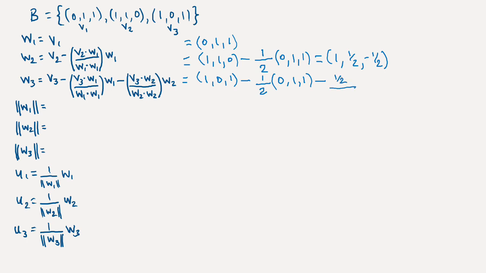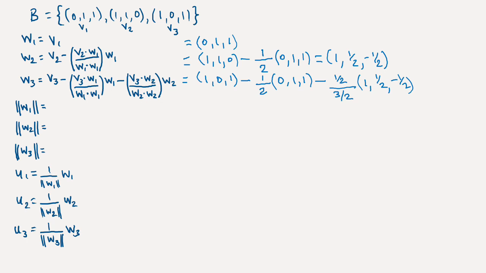And then in the denominator, we'll have inner product of W2 with itself. So W2 is 1, a half, minus a half. So we'll have 1 squared plus a half squared plus another half squared. So we'll have 1 plus a quarter, so 1 and a half. Let's write that down as 3 over 2. And we are multiplying that by W2, which is 1, a half, minus a half.